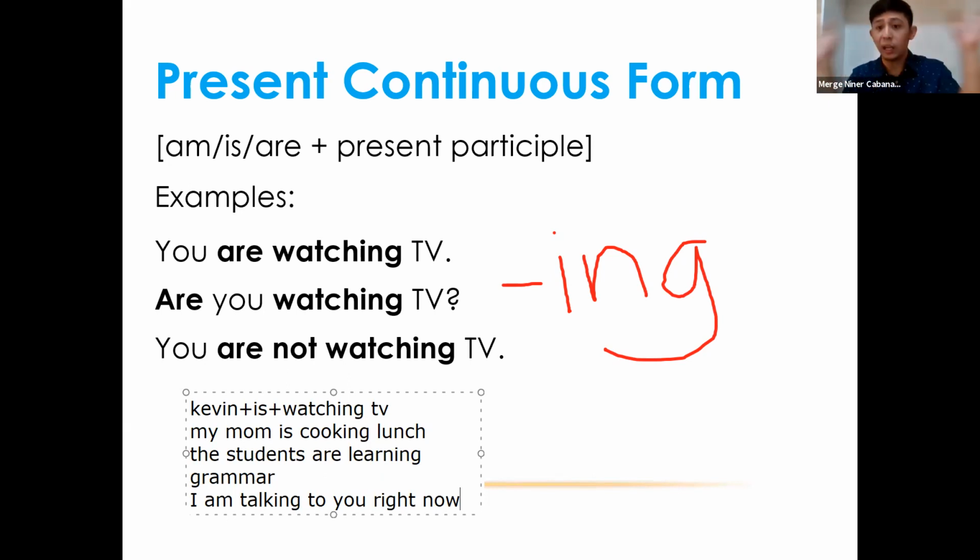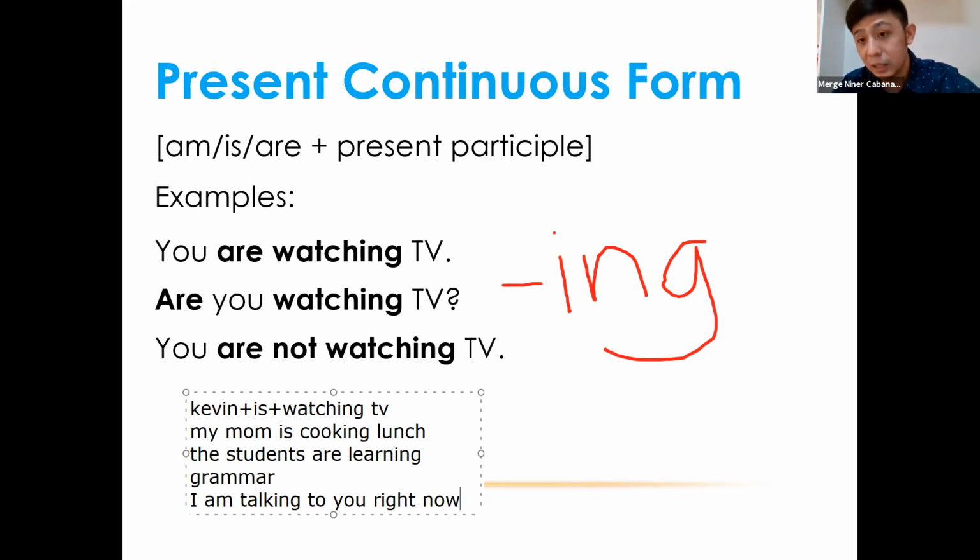Take any verb. Eat will become eating. Work will become working. Sleep will become sleeping. Light will become lighting. Slip will become slipping. Push will become pushing. Pull will become pulling. Listening, reading, writing, speaking. Those are the present participles of your verb. You just have to attach ing at the end of it.